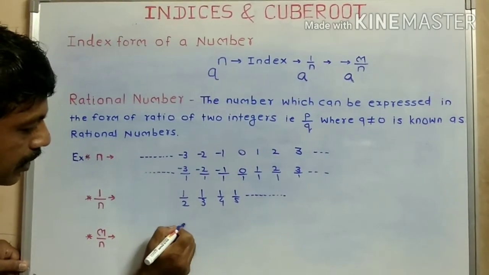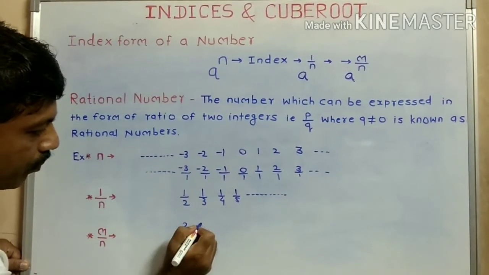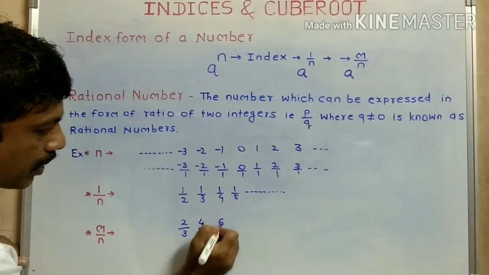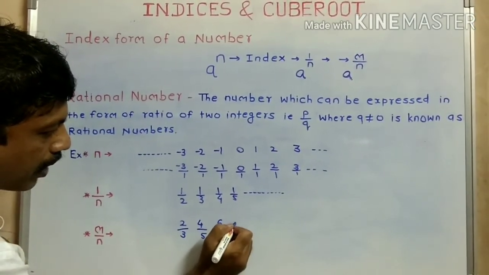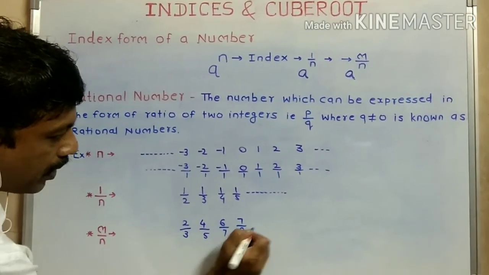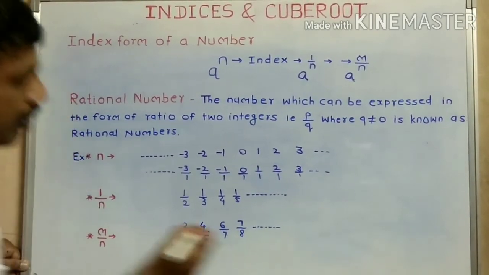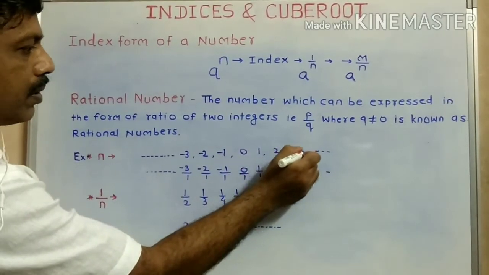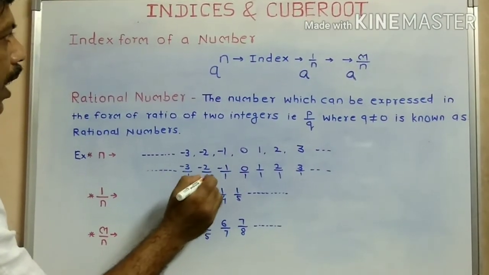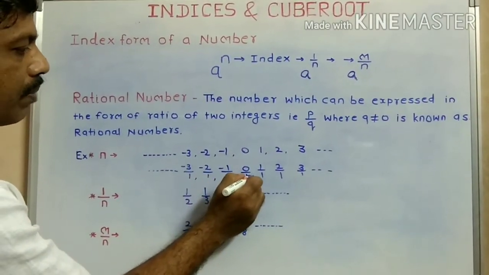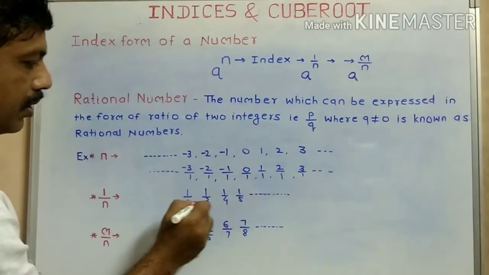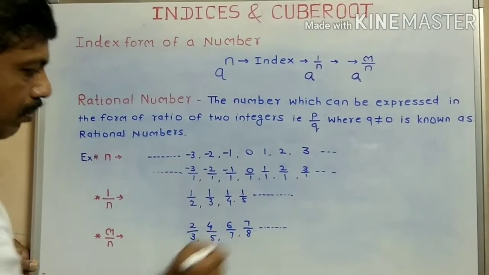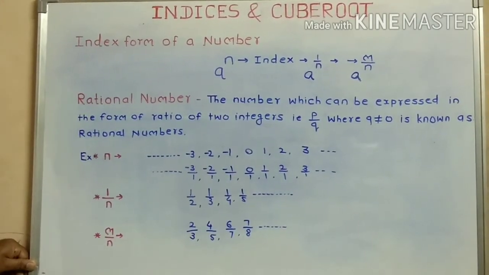We can write it as 2 upon 3, 4 upon 5, 6 upon 7, 7 upon 8 and so on. Now look at this. I have just framed a picture to understand the index form of a number, and you can easily express all the given index forms of a number in the form of a statement.